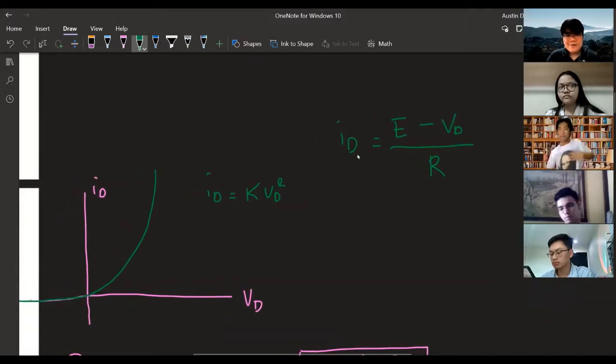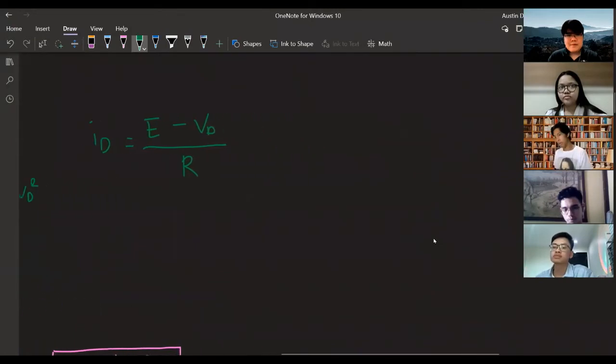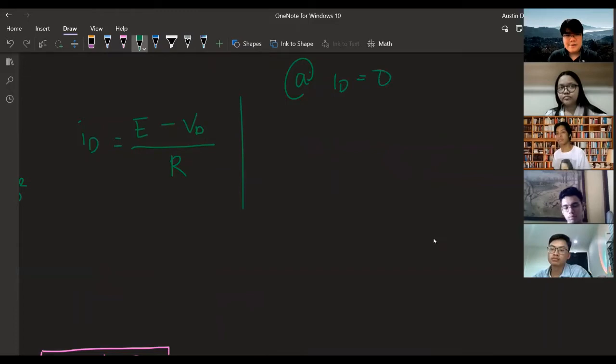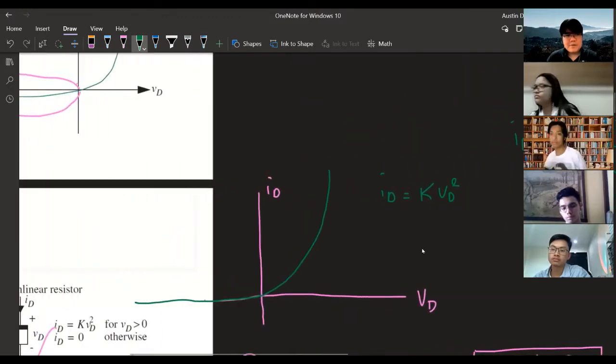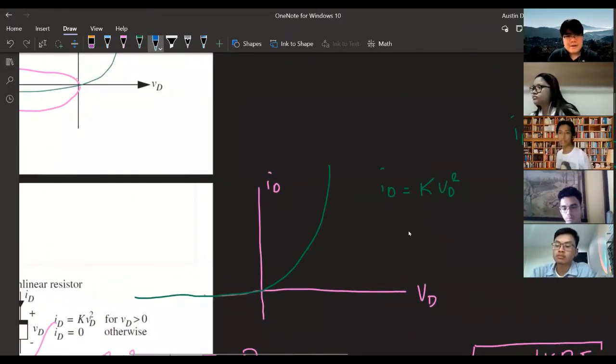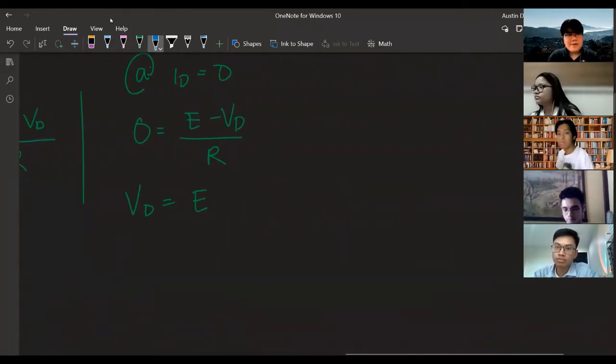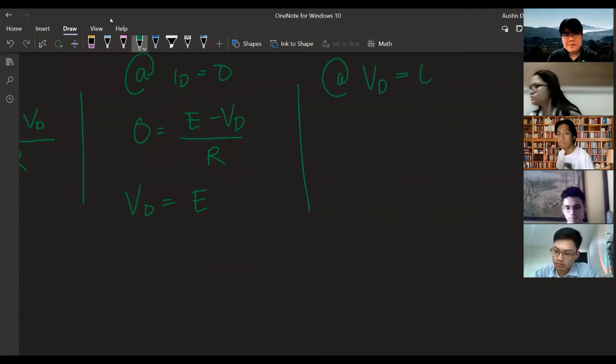So, for ID is equal to 0, bale, dito ako magpa-plot sa VD na line. Kasi bababa ko ng 0 si ID, di ba? Okay. At ID equals 0, we have E minus VD over R. Therefore, this tells me that VD must be equal to E. Okay, so, lagay tayo ng E. Okay? And then, we do another one. Kabila naman yung is 0 mo.